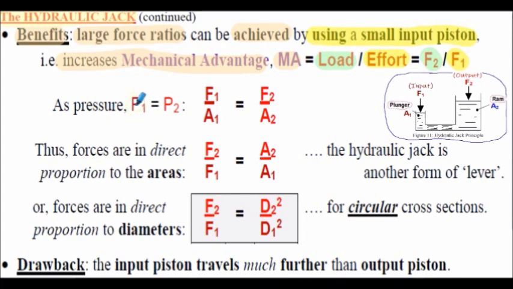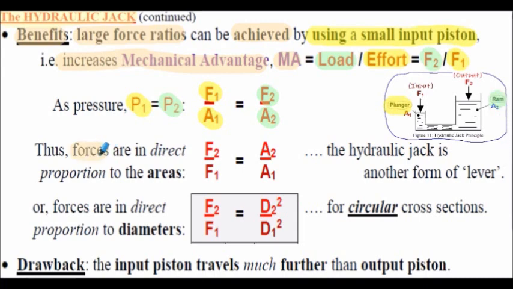As pressure P1 at the input must be the same as pressure P2 at the output, using our notation above we can state that F1 divided by A1 is equal to F2 divided by A2, because the pressures P are the same, both at the plunger, the inlet, and at the outlet, labelled the ram here.